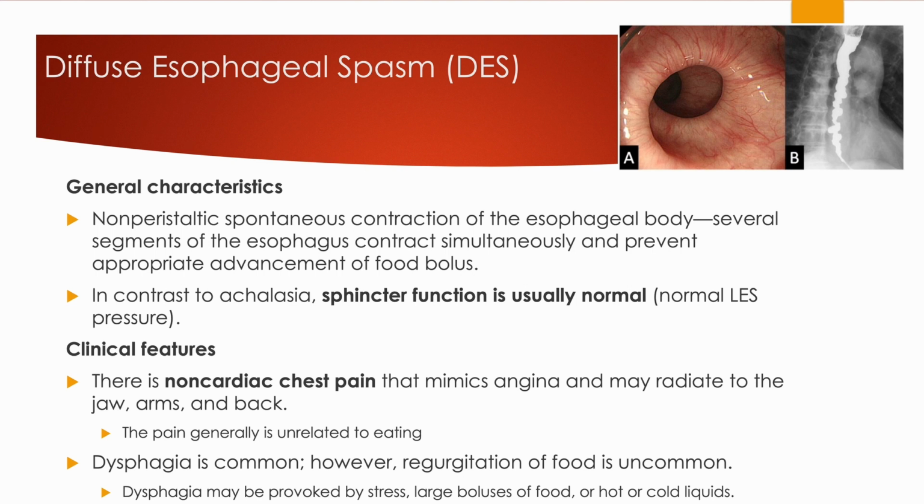It's not generally related to eating, which makes it more difficult to diagnose, and dysphagia is also common with it. However, regurgitation is uncommon, and the dysphagia can be provoked by stress, large food boluses, hot or cold liquids, or at rest. So these patients must undergo cardiac workup. And if they're at the right age with the right risk factors, they might even need a cardiac catheterization before you can blame it on DES.